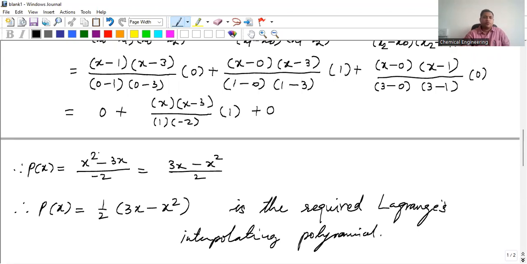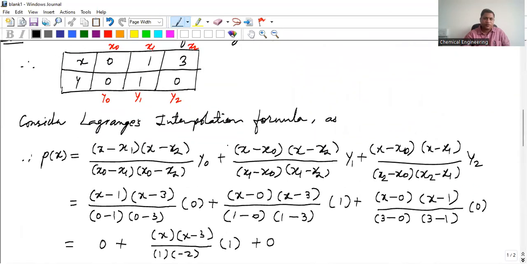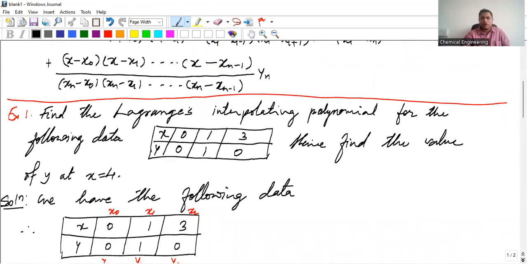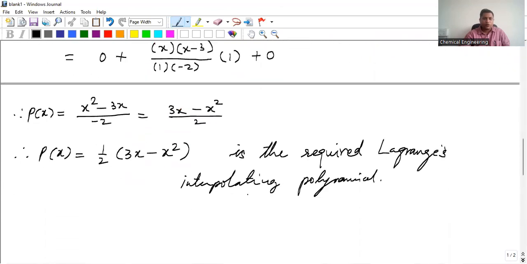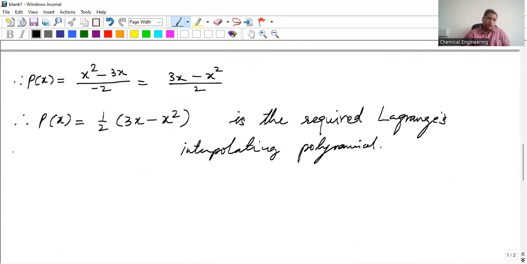Okay, so our first task is completed, right? So here we wanted to find out the interpolating polynomial, and then we got the interpolating polynomial. Now we have to find out, hence find the value of y at x is equal to 4. Okay, so we have to find out the value of y at x is equal to 4.